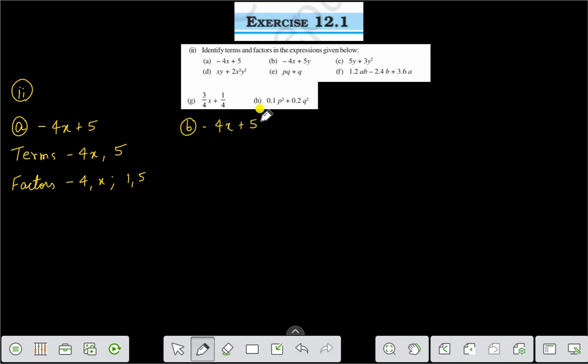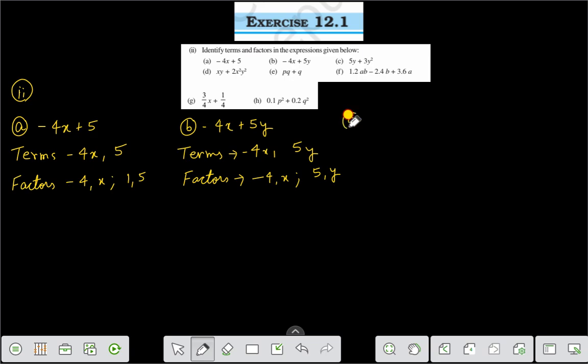Therefore the various terms are minus 4x and 5y. And if you find the factors, then the factors are minus 4 and x, and for 5y it is 5 and y. These are the factors.